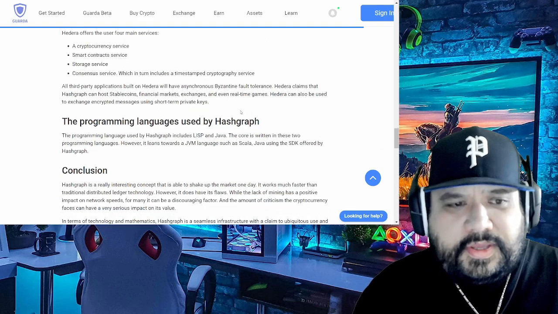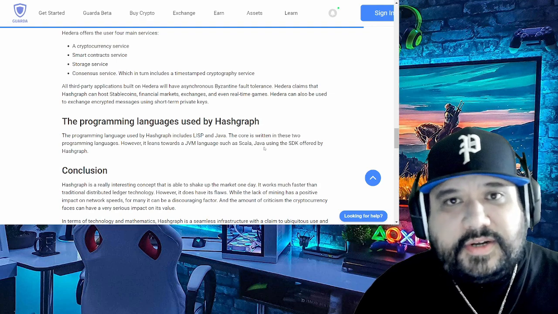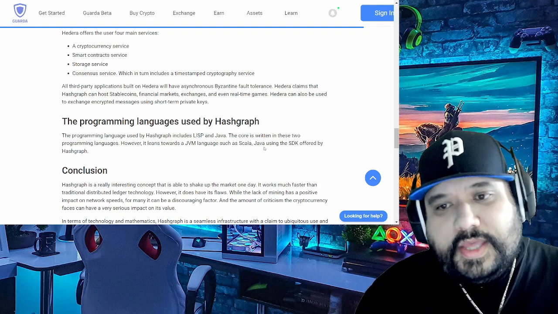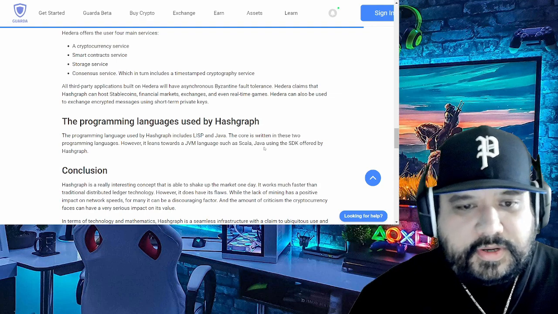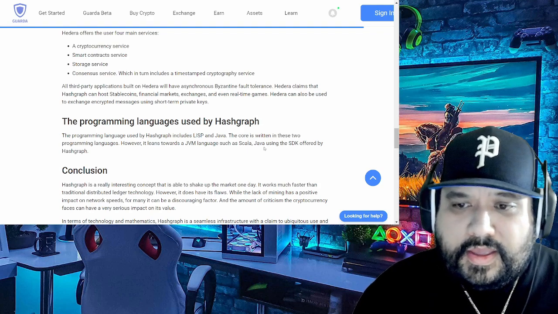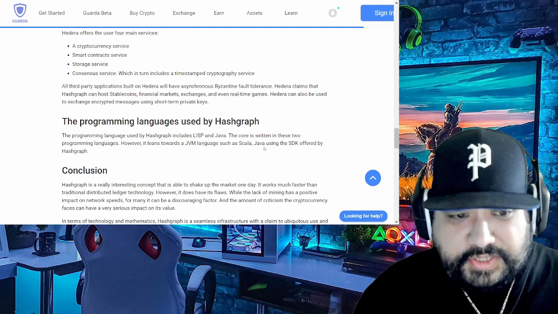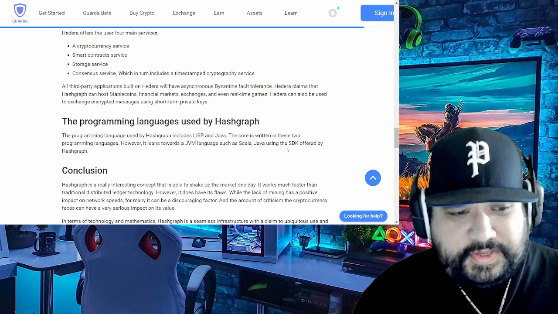All third-party applications built on Hedera have synchronous Byzantine fault tolerance. Darn phrase again. Hedera claims that Hashgraph can host stablecoins, financial markets, exchanges, even real-time games. Wow. Hedera can also be used to exchange encrypted messages using short-term private keys.